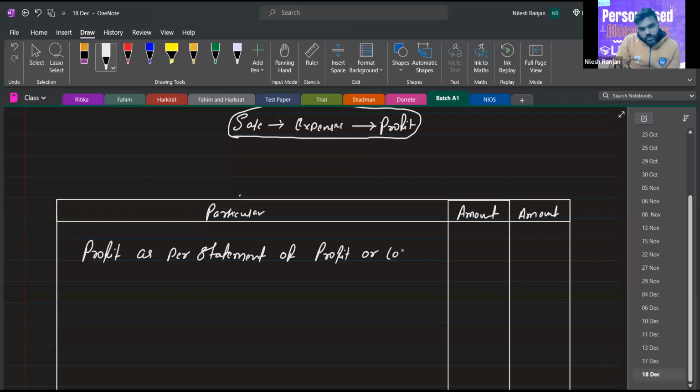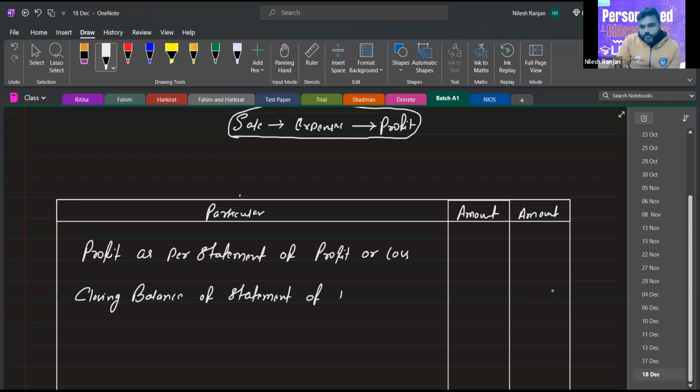Or the second method is closing balance of statement of profit and loss minus opening balance of the statement of profit and loss.